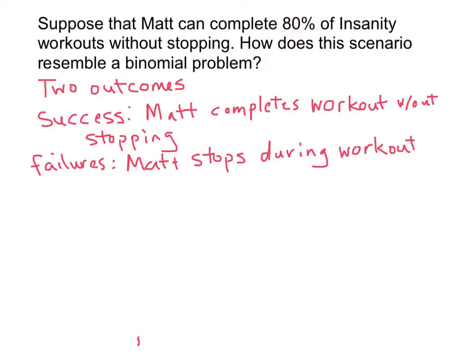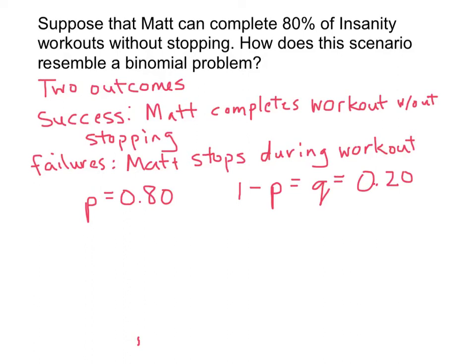So the chance of success, which we call P, is 80%, and the chance of failure, the complement, sometimes referred to as Q, is 20%, 0.20. And so this is how this problem is binomial.